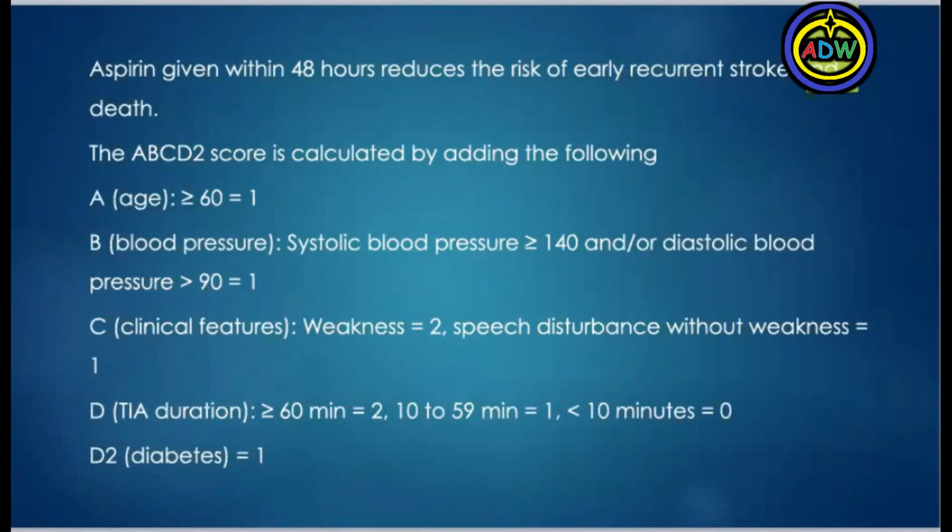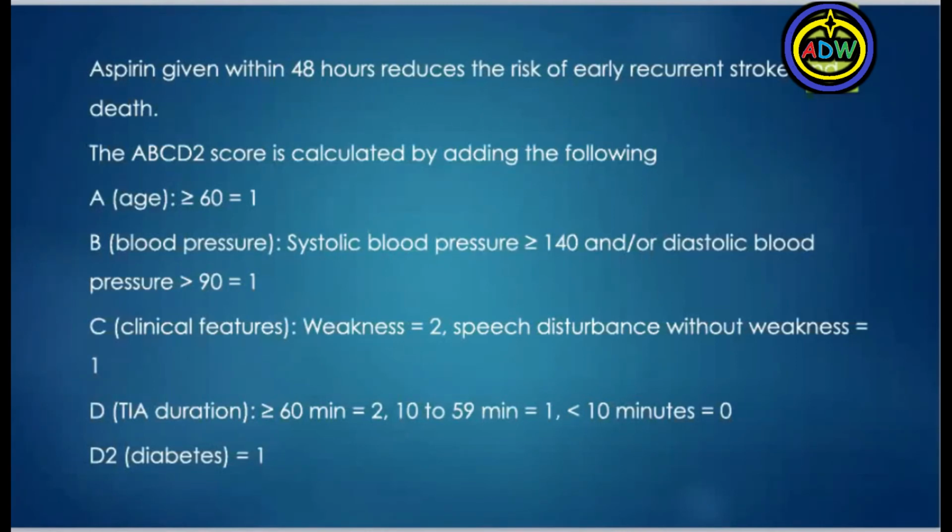That's why there is secondary prevention of stroke, which is treatment of individuals who have already had a stroke. And what is the ABCD2 score?